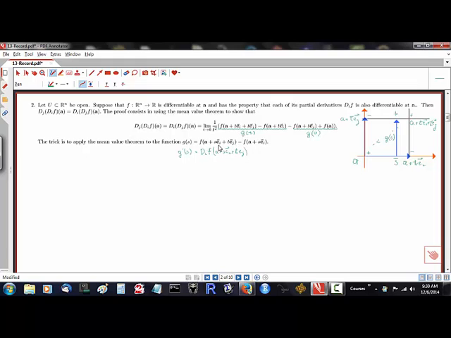When I view this as a function of s only the ith variable is changing. Second one is very similar, except that we don't have the t e sub j. The derivative of the second term with respect to s is just the ith partial derivative of f evaluated at a plus s times e sub i. Now I'm going to apply the mean value theorem.